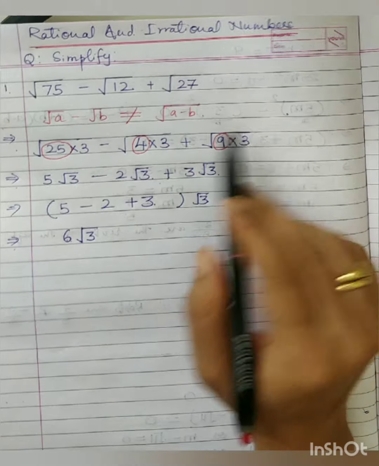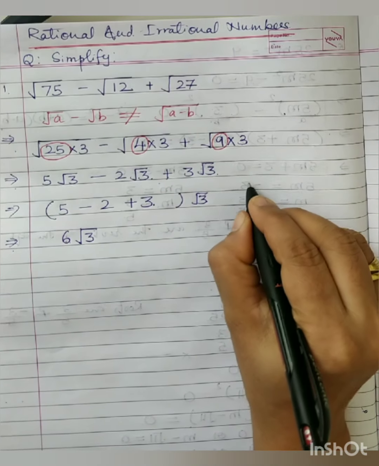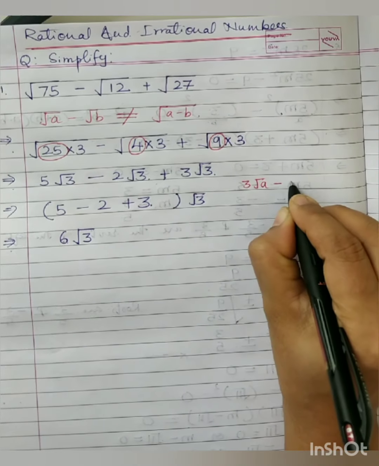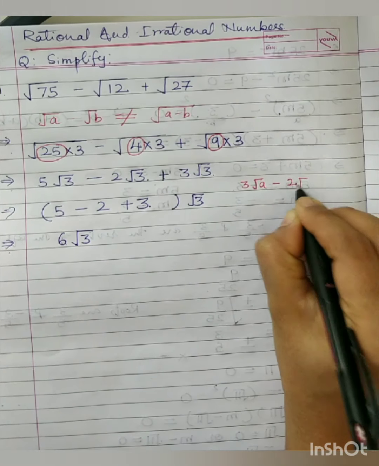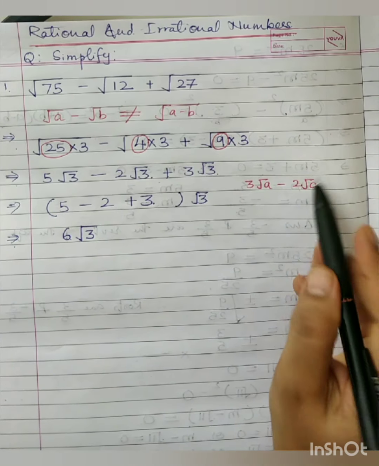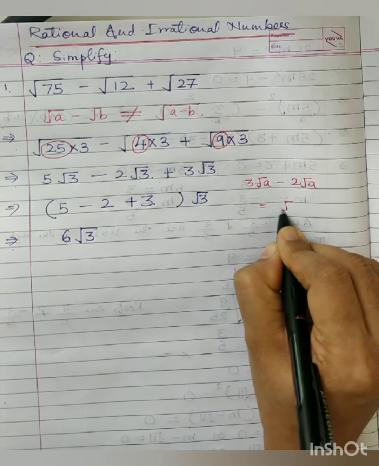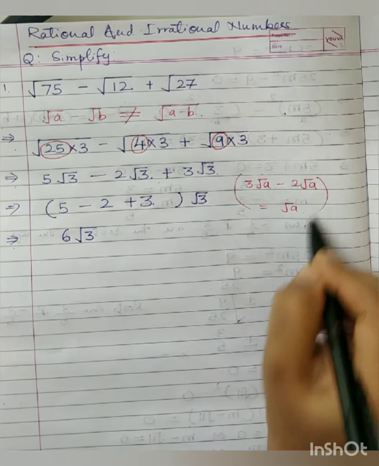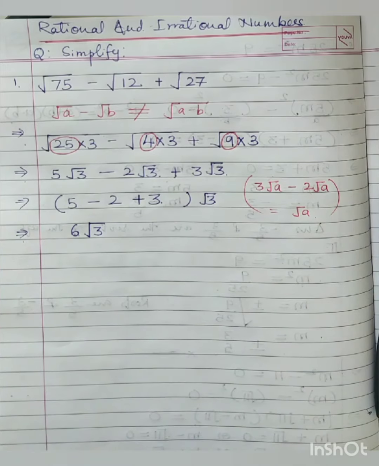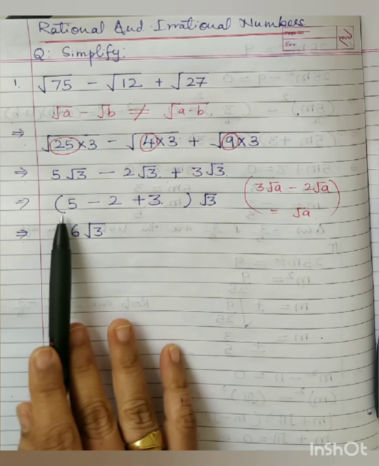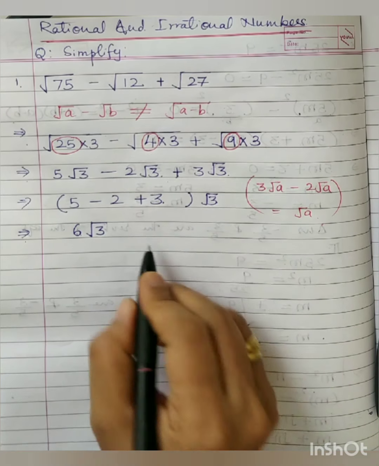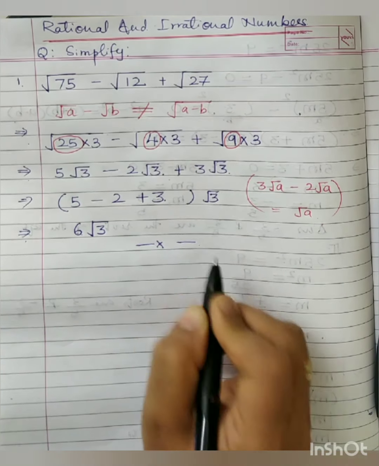Like if you have root a minus root b, it is not possible, but if you have 3 root a minus 2 root a, can you perform this operation? Yes, only because of like surds, and you can write the answer as root a. Hope everybody understands. These are like surds, so it is possible. For the other kind of surds it is not possible, or you can understand by taking the common factor out also. I hope it is clear to you all.